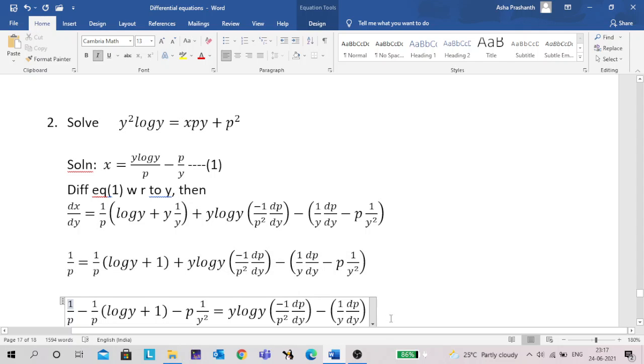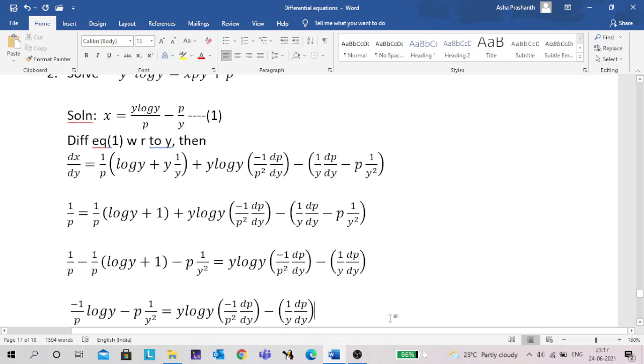Okay, so the same thing what we will do, we separate the like terms and the differential term on one side, right? I am taking 1 over p, these two terms into this side, and here also without derivative, so minus p by y square, minus of minus becomes plus, right? Plus equals, on this side what happens, minus p by y square.